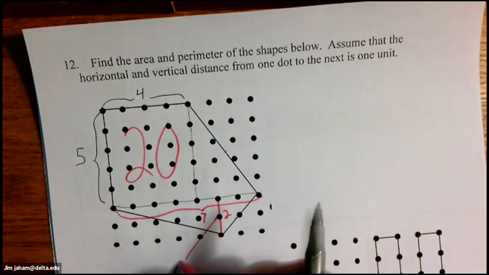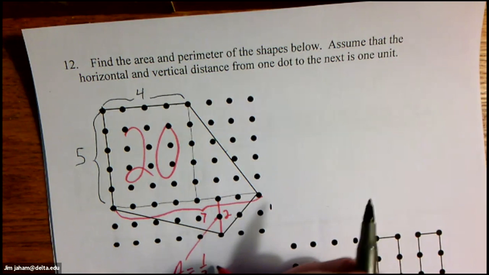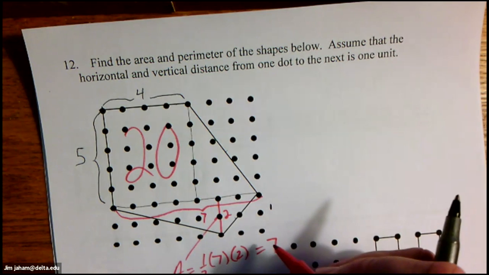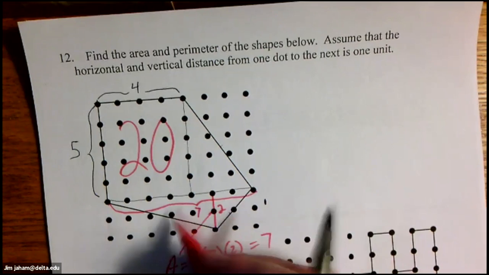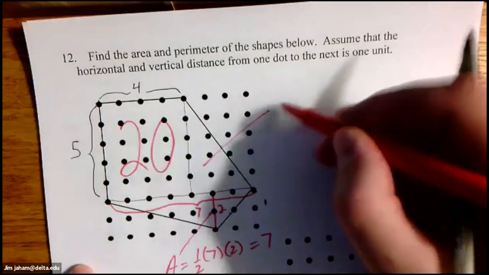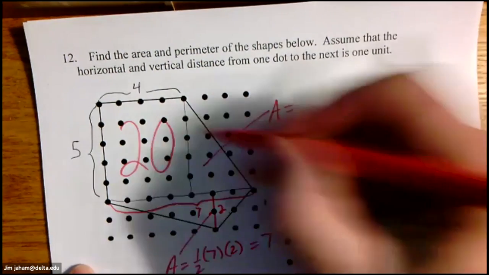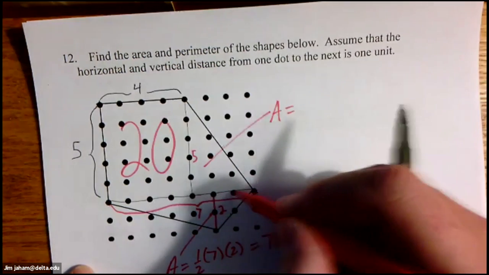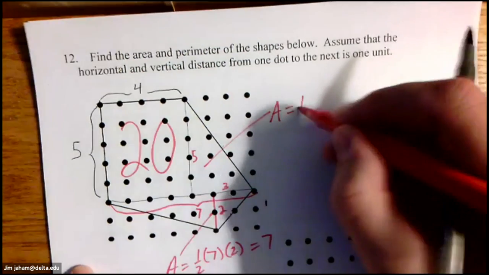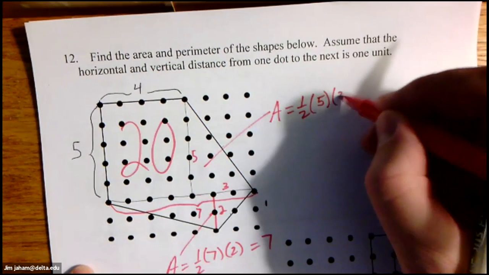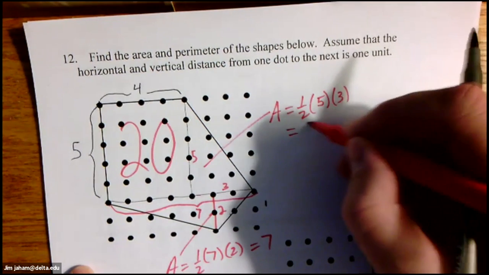So the area there is 1/2 base times height, and that's 7. So this triangle down here is 7. And then finally, this triangle, 1, 2, 3, 4, 5, and 1, 2, 3. So 1/2 times the base times the height, and that is 7.5.